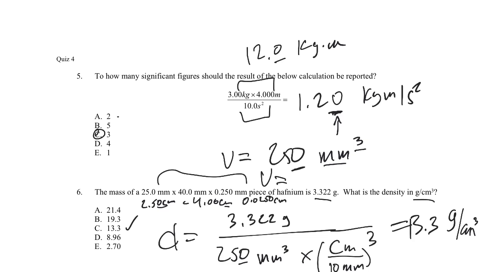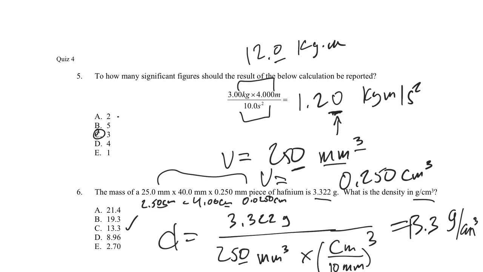So we do that calculation, 2.50 times 4.00 times 0.0250 works out to be 0.250 cubic centimeters. And if you remember, we'd said if we want to check this, you take the 250 and divide by 10 to the power of 3, and that's the same, it's 0.250 cubic centimeters, so it checks out.